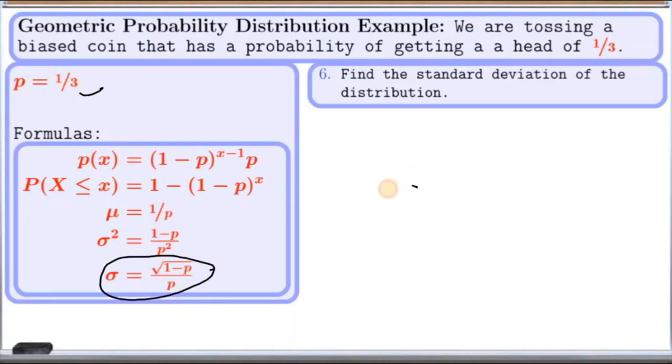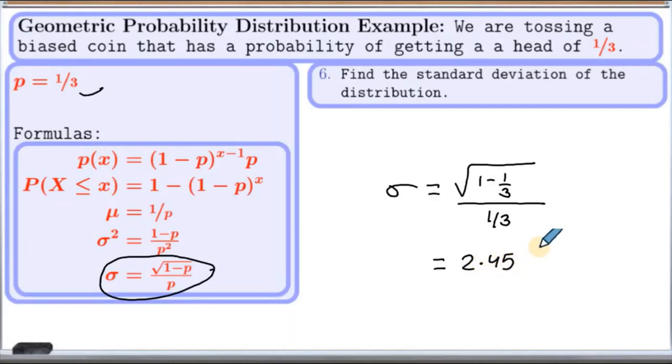So we get standard deviation equals radical of 1 minus 1 over 3, over 1 over 3. Now you can evaluate this in a calculator. Using the calculator, the whole thing is equal to 2.45. Therefore, the standard deviation of the distribution is this, 2.45.